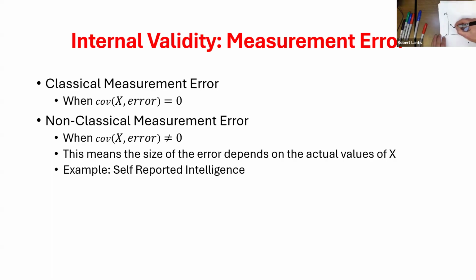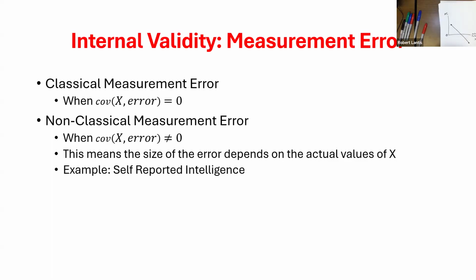So the fact that that measurement error has a relationship with the actual X value of intelligence means I can't just know I'm going to have attenuation bias. I don't know which way the bias is going to go. It would depend on the directional relationship, and whether people are under or over reporting, in this case, intelligence.